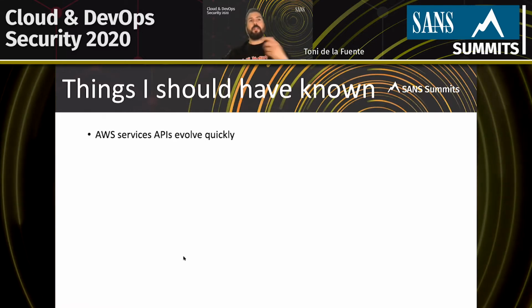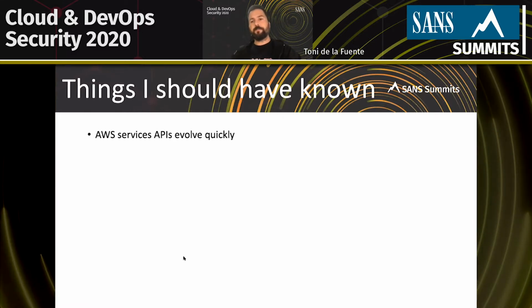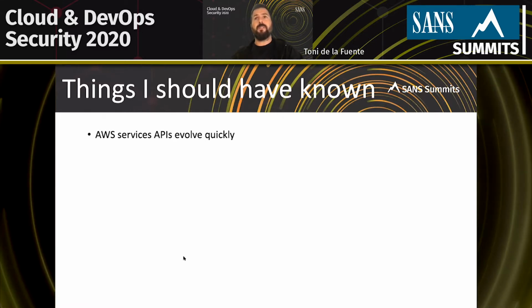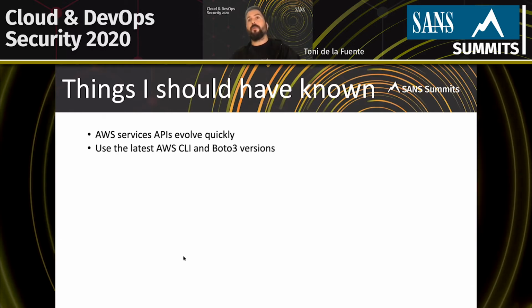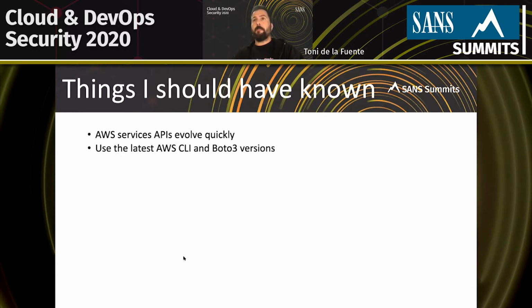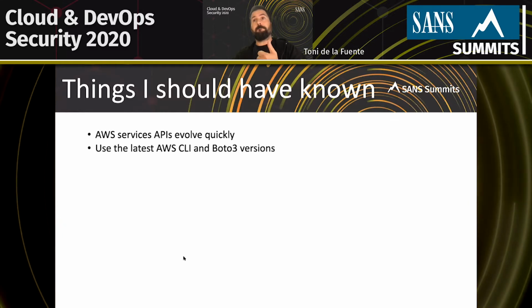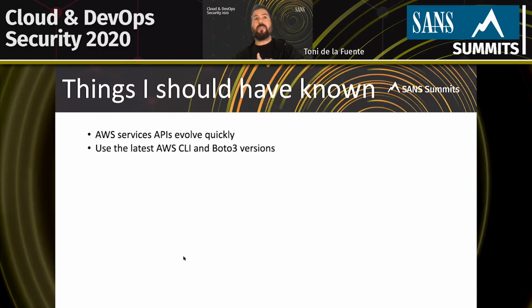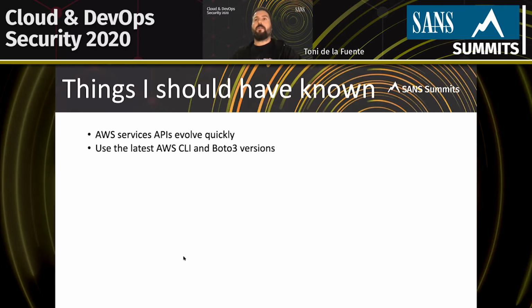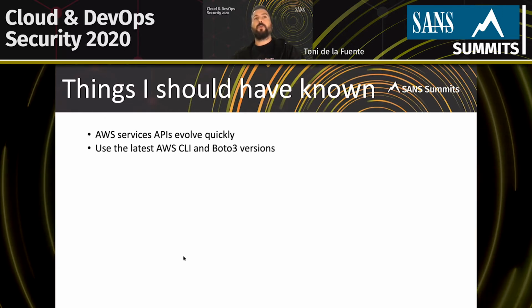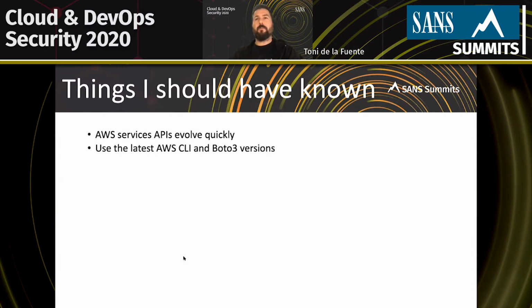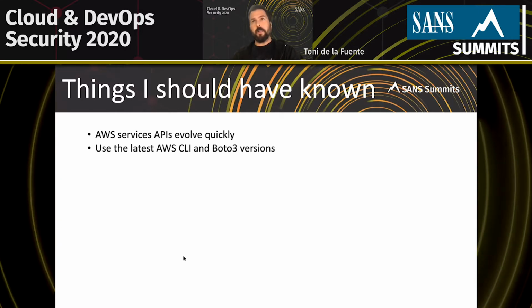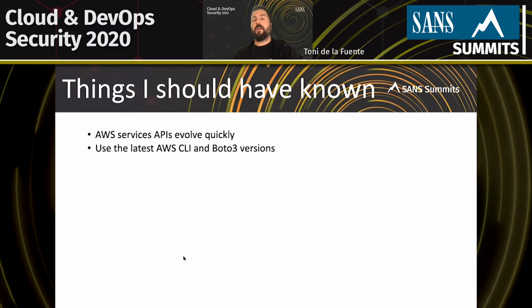You need to understand the different types of services and how they evolve. Sometimes the response from the APIs is not the same when you don't have permissions, for example. These kinds of things took me time to realize and understand, and to write better checks, security controls.